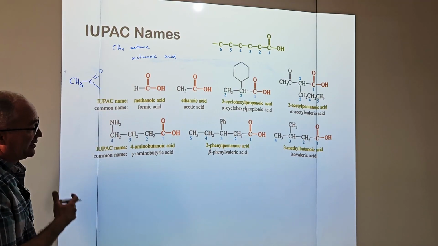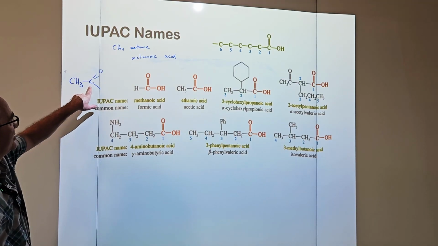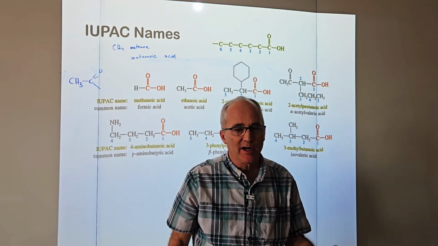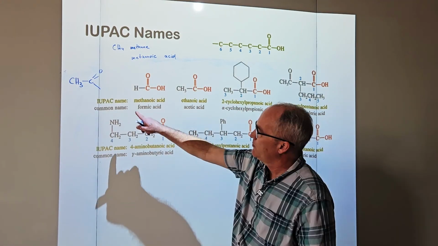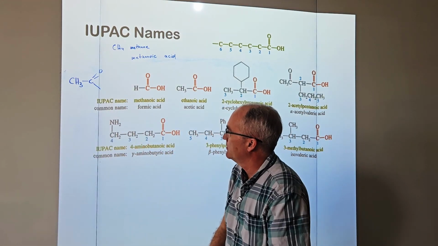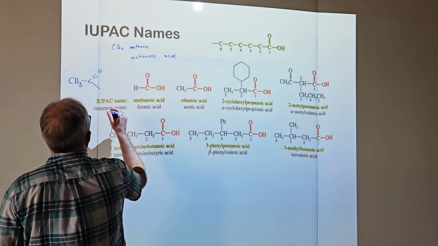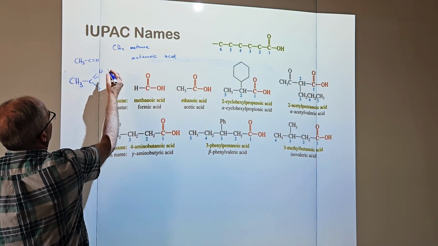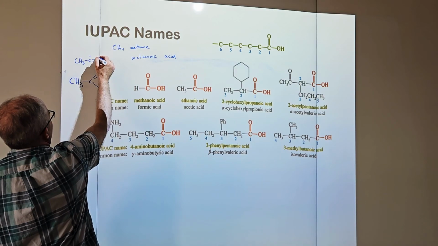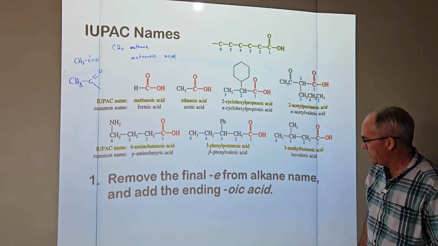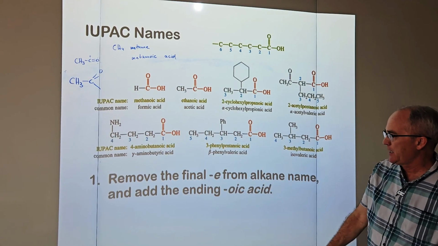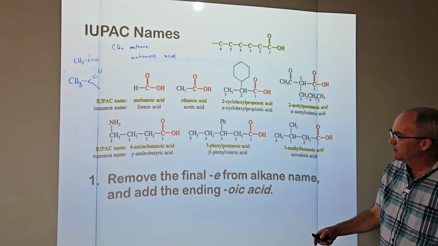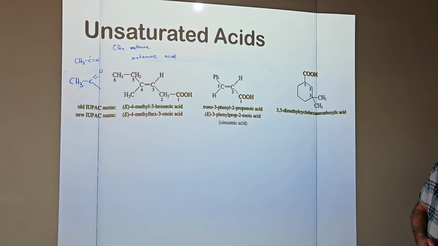This isn't an alkyl group, it's an acyl group. Think back to Friedel-Crafts acylation, and probably from our chapters on mass spec, you know the acylium ion. There's a couple of resonance structures. Remove the final E from the alkane name and add oic acid. So IUPAC should be fairly straightforward.